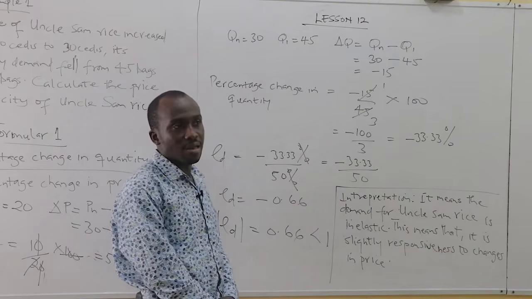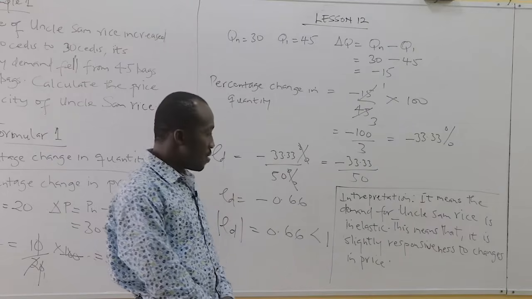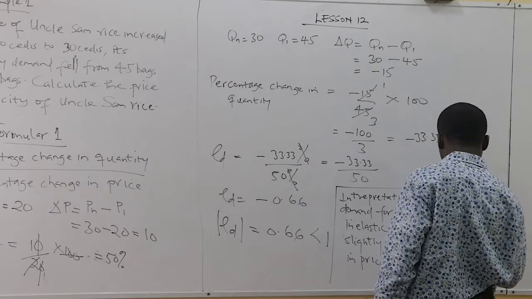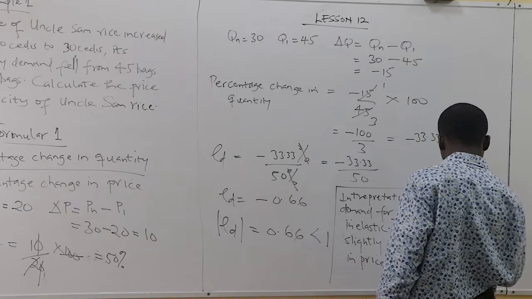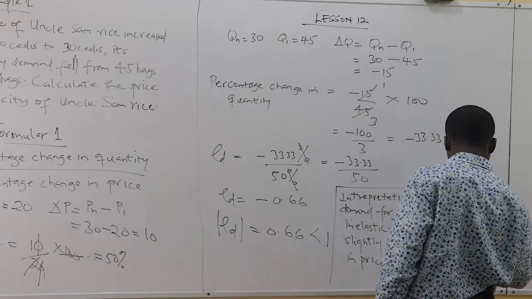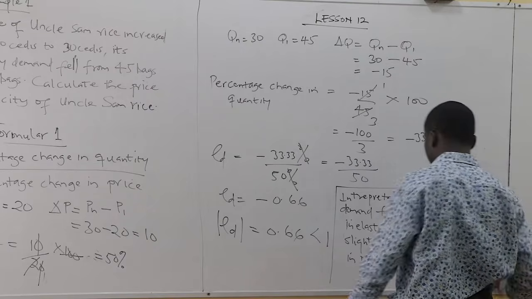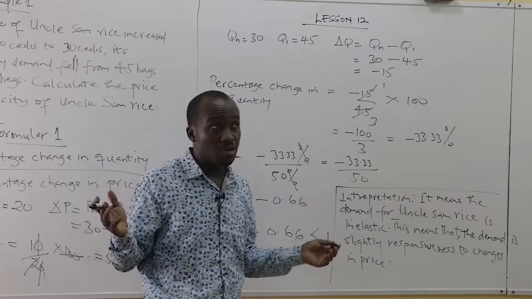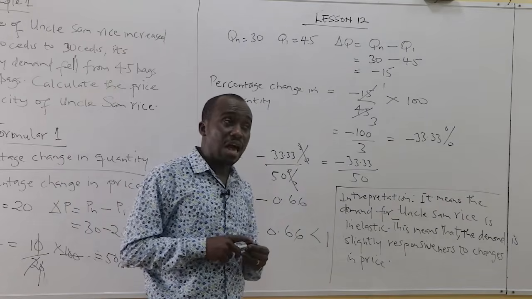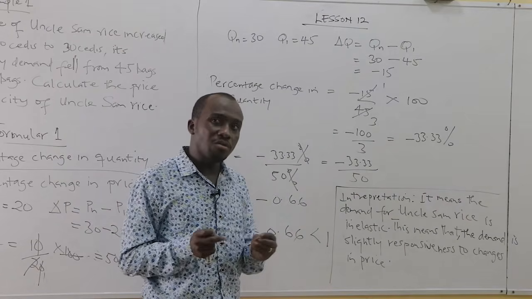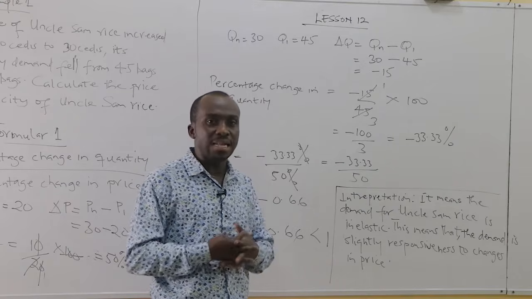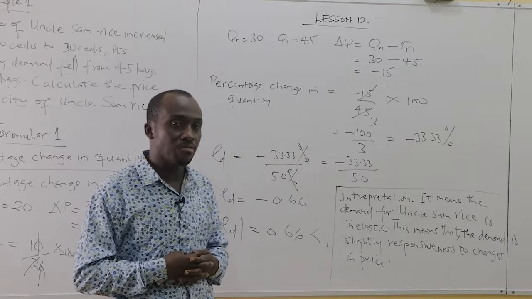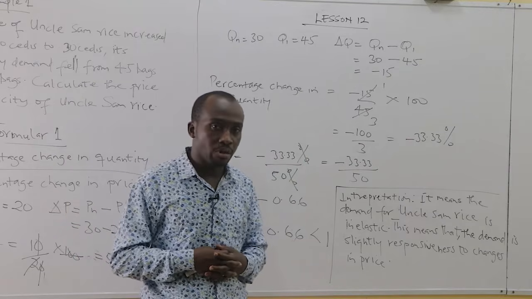If the price even increases from maybe 100 Ghana cedis to 200 Ghana cedis, only a few people stop buying, and a lot of people keep on buying, meaning that the demand for Uncle Sam rice in Ghana is inelastic. People like Uncle Sam rice. They are not worried about the increase in price.